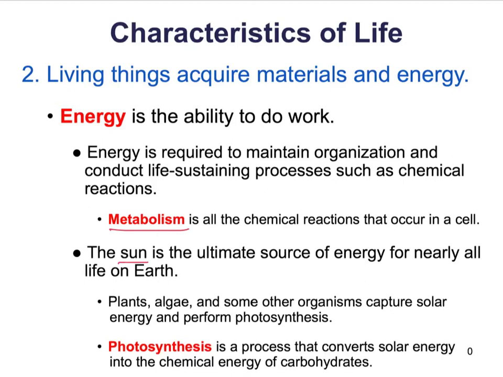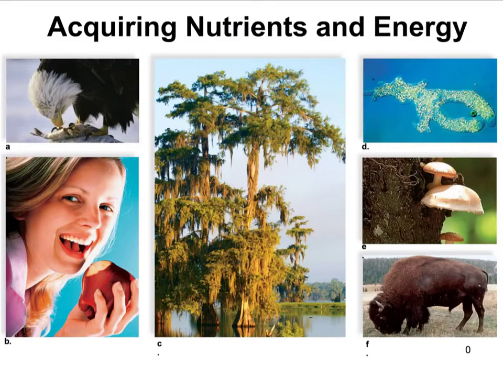It's not just the plants or the bacteria that are using that, but eventually it travels up the food chain and every living organism on the planet utilizes that energy. We wouldn't be able to be here if it wasn't for those plants converting that energy. So whether you're a tree, an eagle, a human, or a buffalo, all of these organisms are acquiring nutrients and energy.